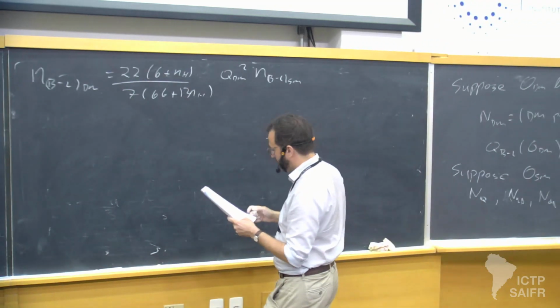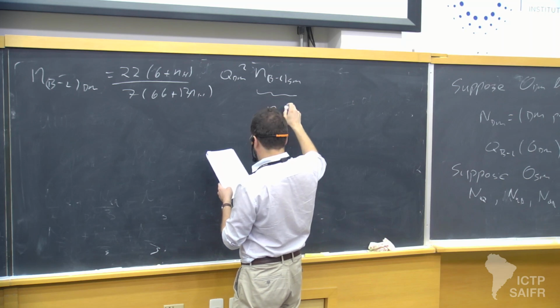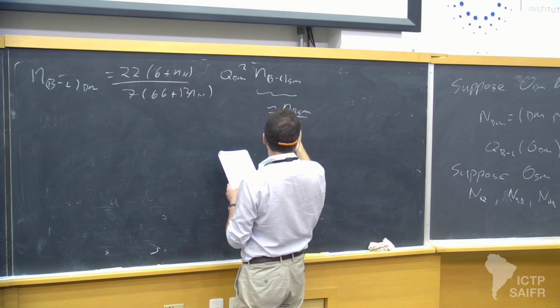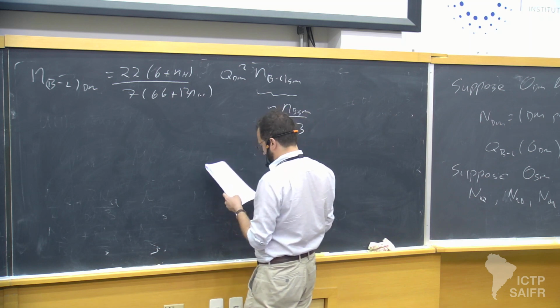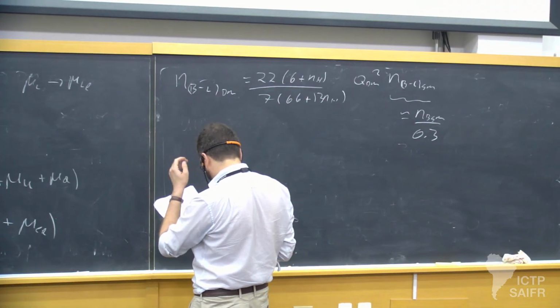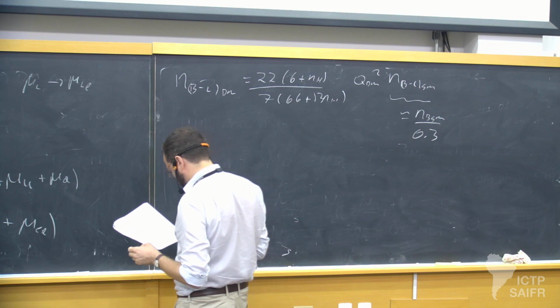Okay. And this is basically N_B of the standard model, taking into account the sphalerons, like this. Is that right? Yeah. Okay.